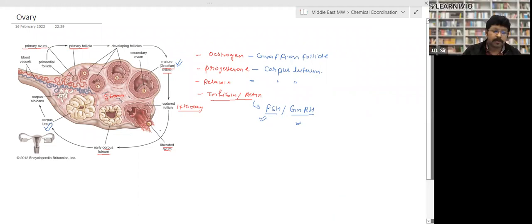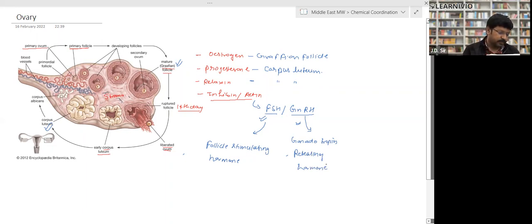Yes, FSH we have already discussed during the pituitary hormones, but still, FSH is follicle stimulating hormone, right? GnRH is gonadotropin releasing hormone, right?